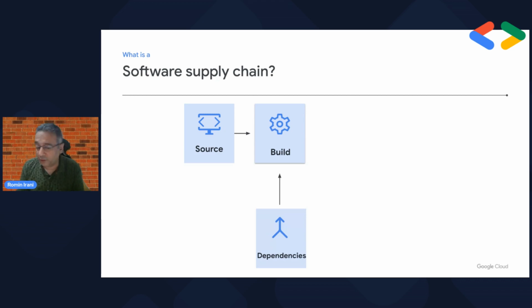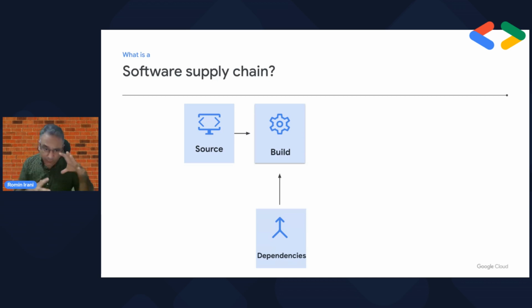For example, if you're a Java developer, these could be jar files. If you are a Python developer, it could be the pip libraries. If you're using Node.js, it could be npm and so on. So you're not just a producer of software, you're also a consumer of software. When you build your software, you are dependent on various dependencies or libraries that we are talking about.